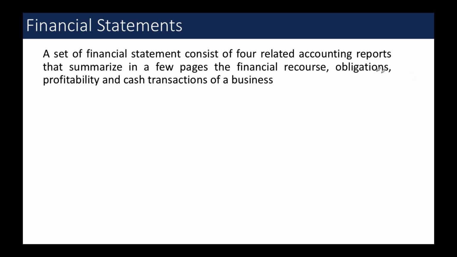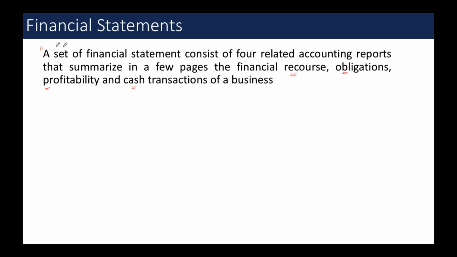What do financial statements include? Financial reporting includes various financial statements which give us the profitability of the company, the financial resources and obligations, meaning assets and liabilities of the company, and also the movement of cash, that's the cash transactions of the business.